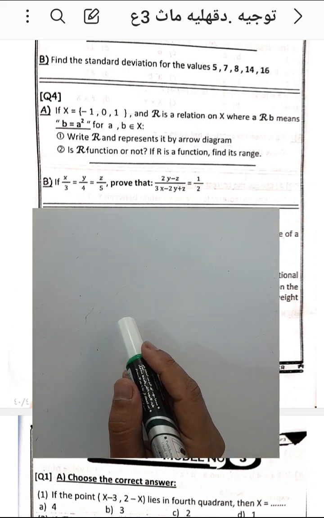Find the standard deviation of the values 5, 7, 8, 14, 16.